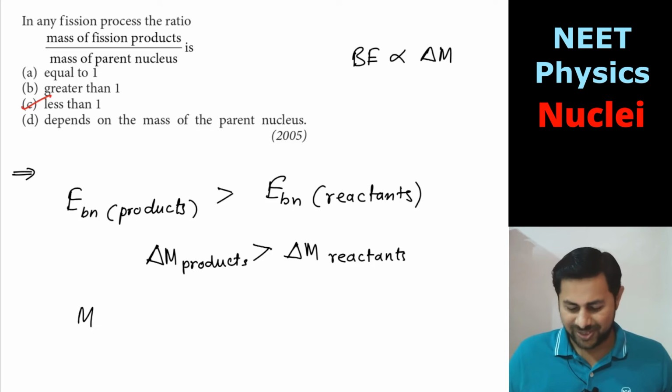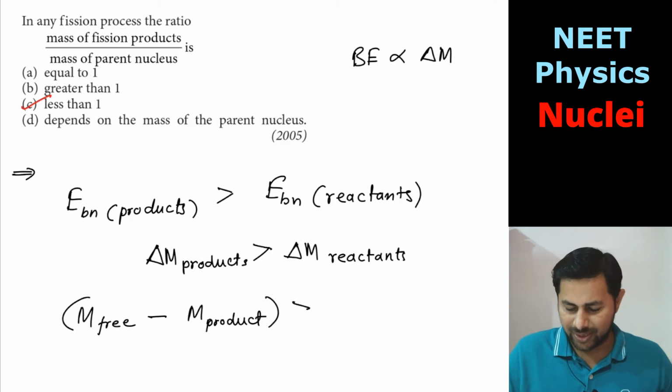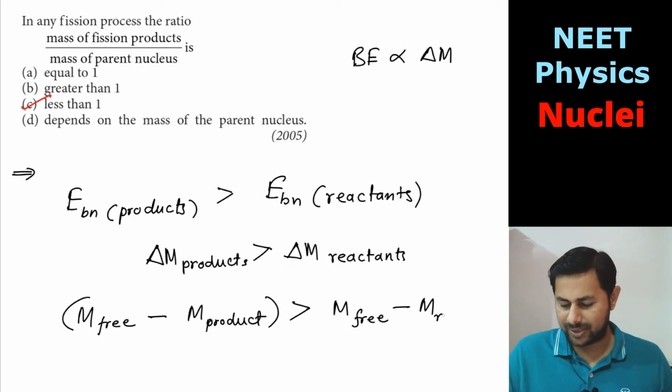Otherwise what we can do is mass of free nucleons, minus the mass of product nucleus, this thing is greater compared to mass of free nucleons minus mass of reactant nucleus. What is delta M? It's mass of free nucleons minus mass of reactant nucleus.